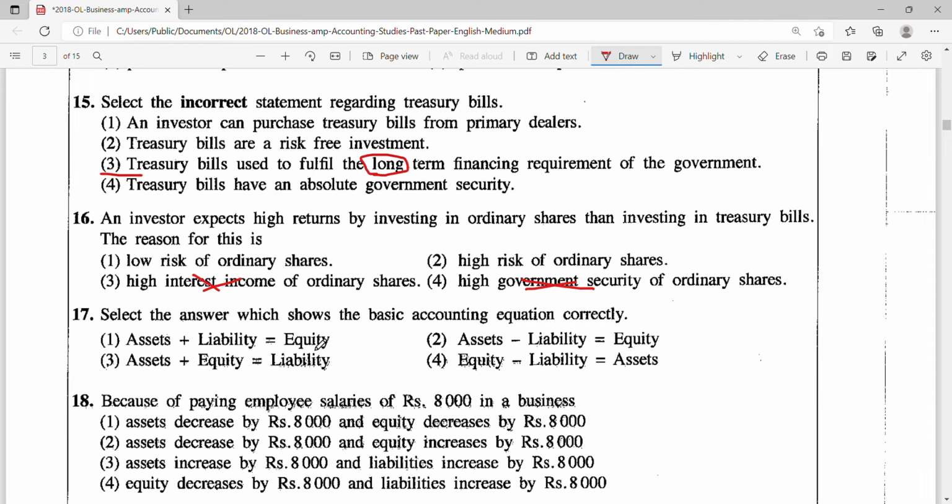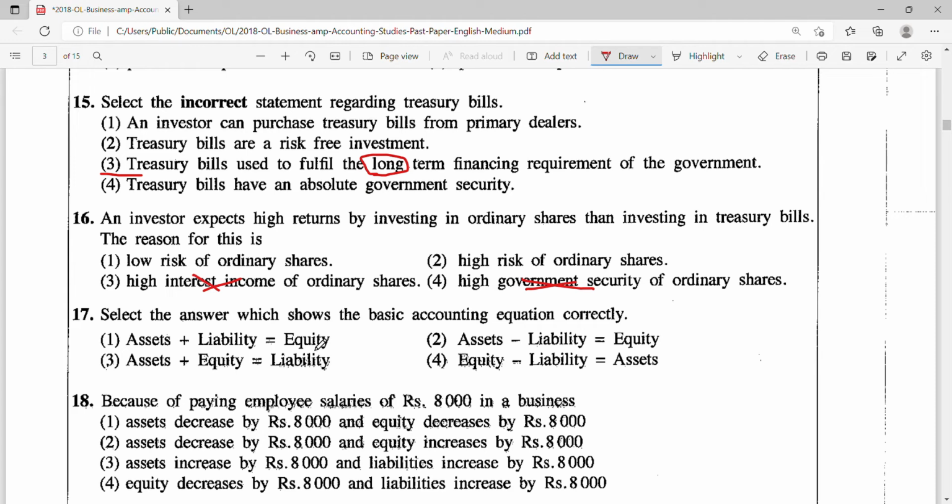Now your option is between whether it's low risk or high risk. Now the fundamental belief in finance in general is that higher the risk, higher the return. Now a person will be willing to take on a higher risk only if there is higher return attached to it.